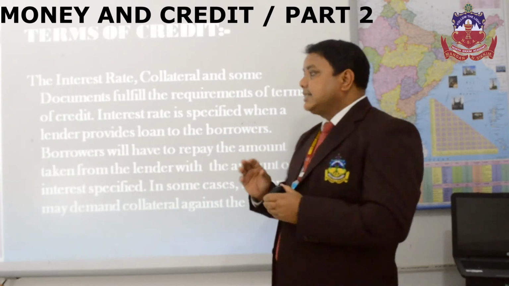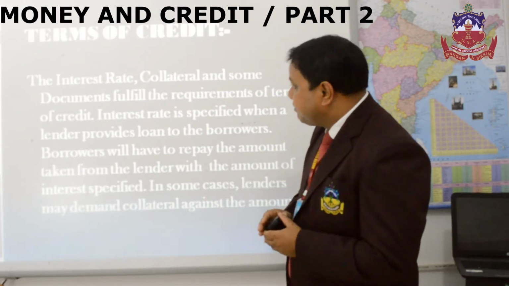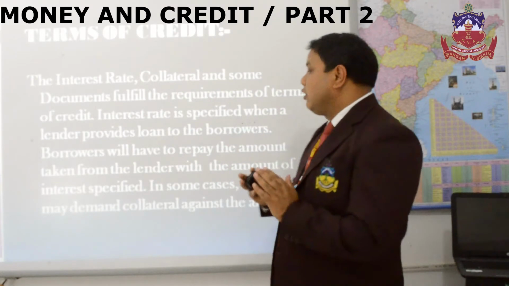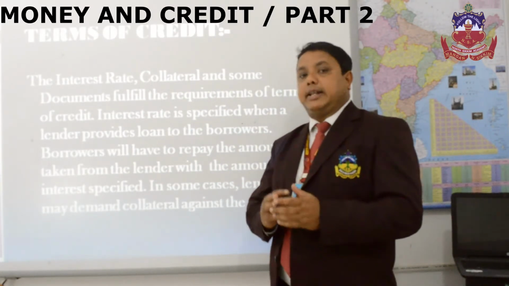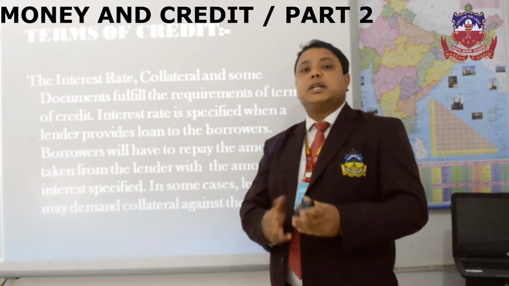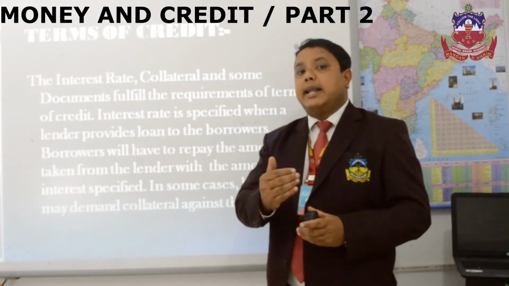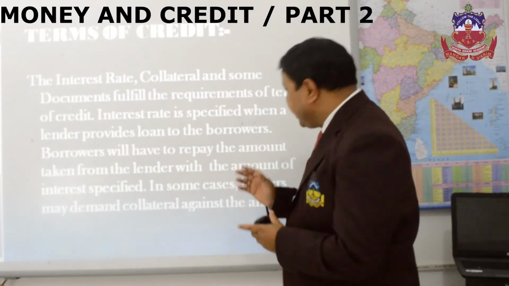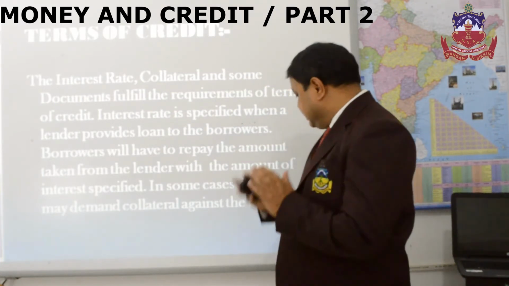The interest rate is always specified at the beginning when the loan is being provided. Borrowers will have to pay the amount taken from the lender along with the interest that is specified there. That means if a person is borrowing money from somewhere, then the interest rate which is added also has to be accepted by the borrower. In some cases, lenders may also demand collateral against the amount.